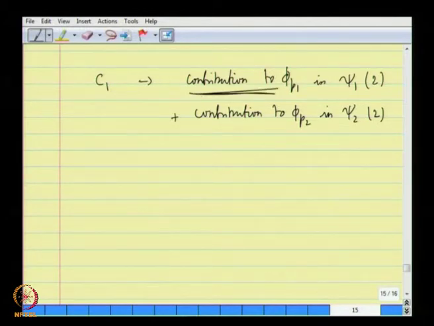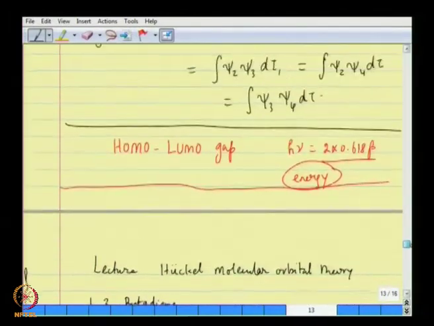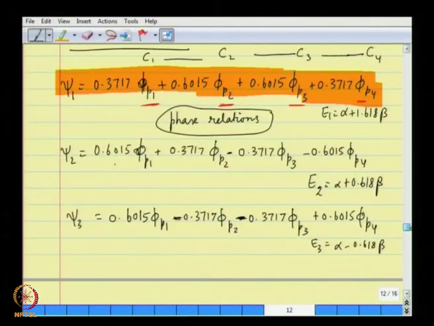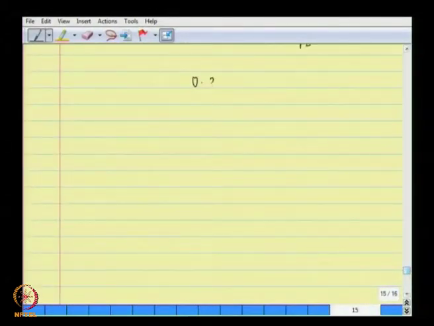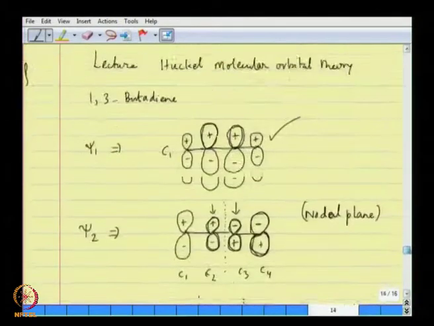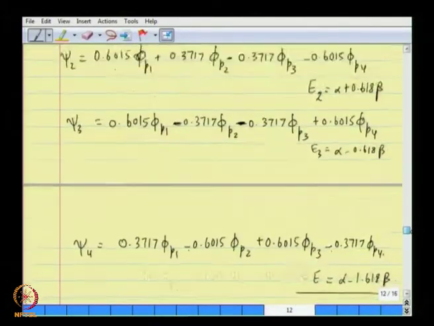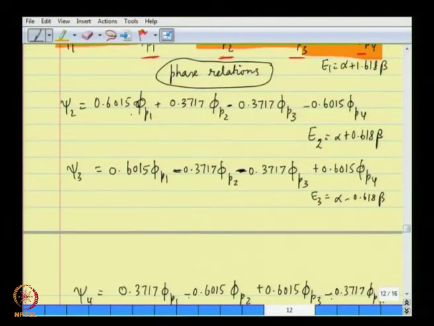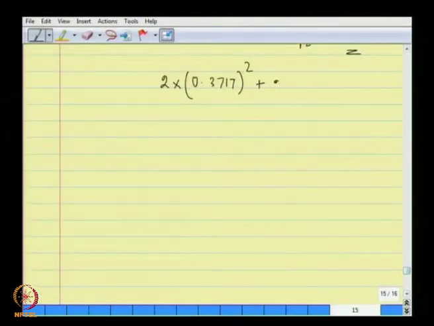The contribution to phi p1 is the probability square, which is what was that? Psi 1 was 0.3717 square. So 0.3717 square, and since it is to be multiplied by the total number of electrons, which is 2 in this case, and for psi 2 it is 0.6015 square, and again 2 electrons in psi 2, so it is 2 times 0.6015 square.